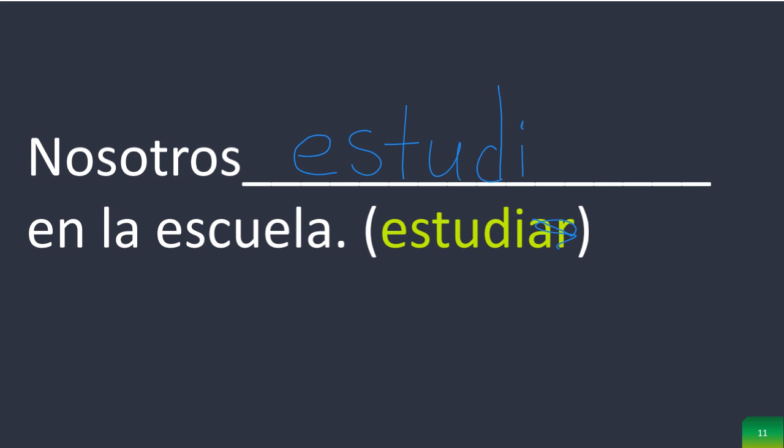We don't want to forget the I. And then we're going to look at our subject. Our subject is nosotros. And we're going to remember that whenever our subject is nosotros, we want to put amos on the end. We end up with nosotros estudiamos en la escuela. We study in the school.